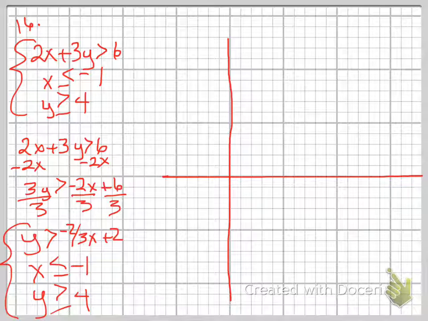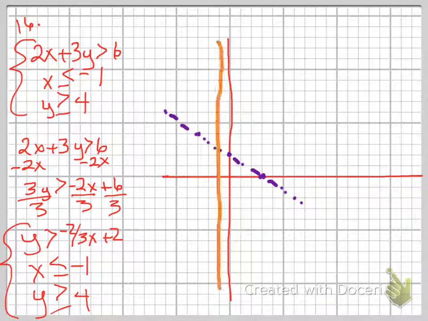We have an intercept of +2, and then we have a slope of 2/3. Now, this is a greater than but not equal to, so we will have dashed lines.